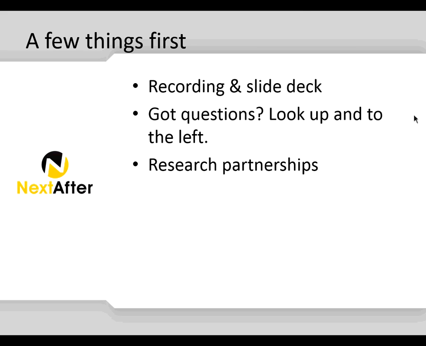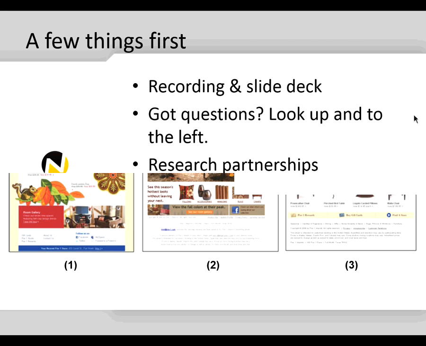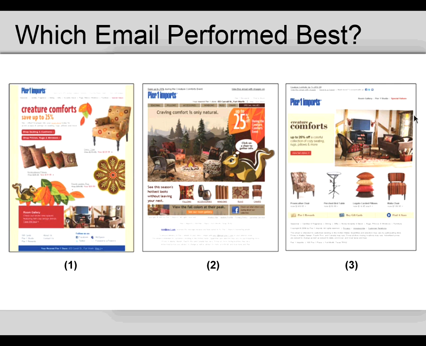Before we get started, I want to follow up with an experiment that we've actually launched just prior to our conversation here today. You should have received an email from us leading up to today's webinar. And in that email was a screenshot of 3 different versions of the exact same email that was all designed by 3 different top agencies for Pier 1 Imports.